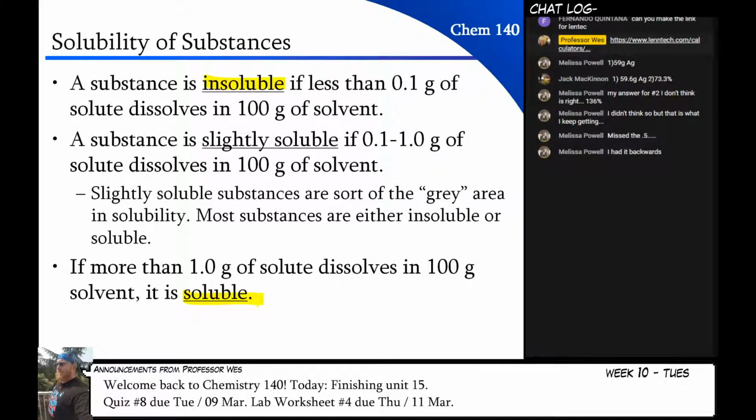But if you pour it in there and you just have to mix it a little bit and give it some time, it's soluble. So I will leave these numbers here just in case you see problems related to them in this class or future ones. But personally, I think that the most common by far are going to be insoluble or soluble. It's very rare that you see slightly soluble.